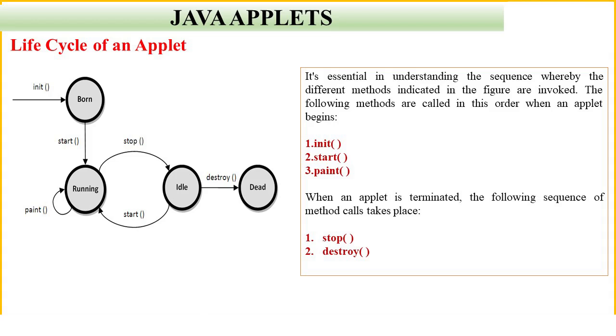Then after born, to run, you go for the start method. While running, when you are working with it, you need the paint method. After that, when you need a stop, you go for the stop method, and when you want to make that applet dead, you go for the destroy method.